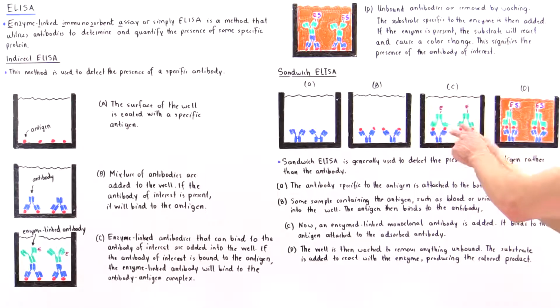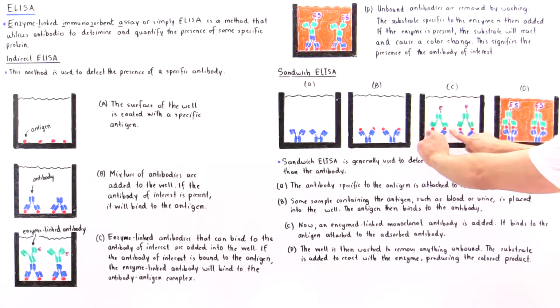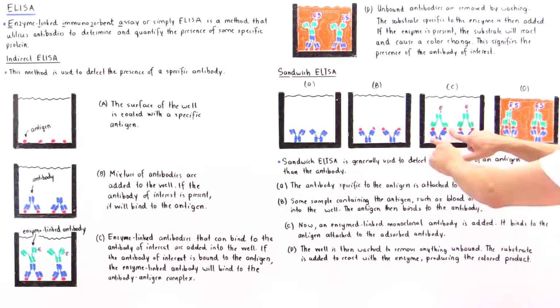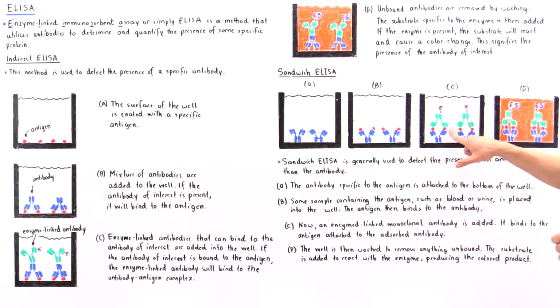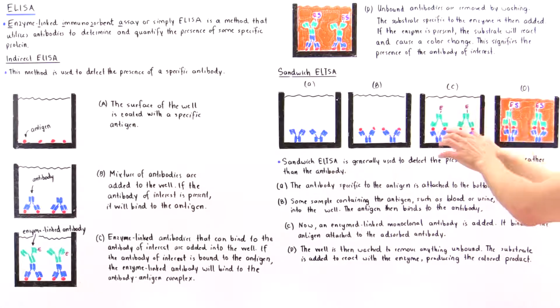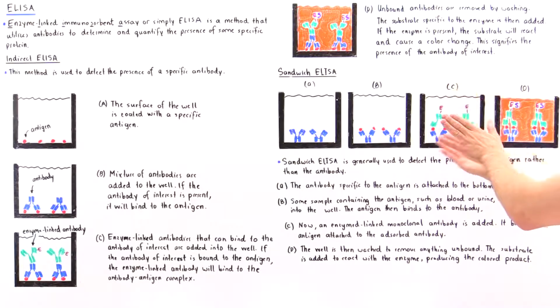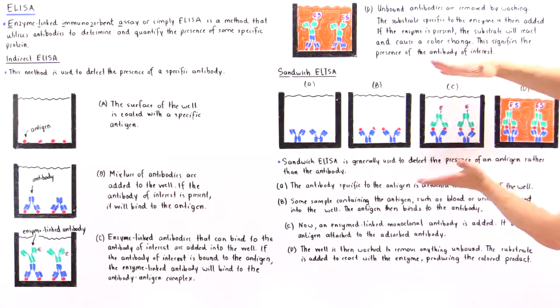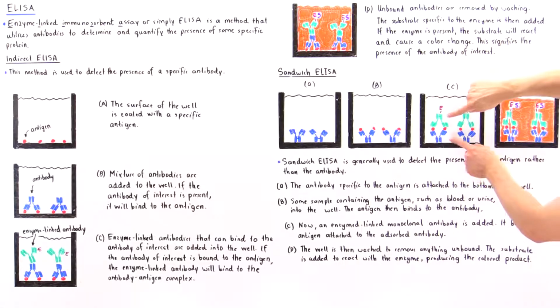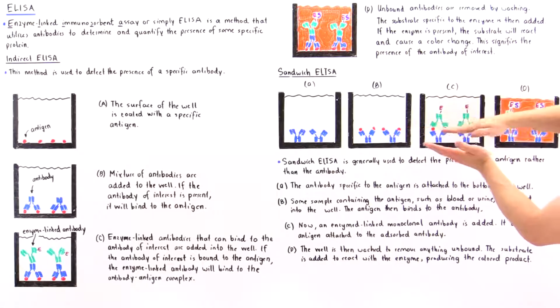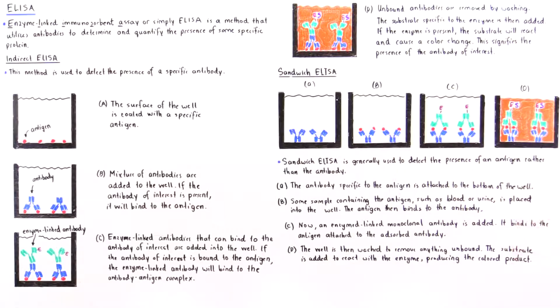So this enzyme-linked antibody only binds to our antigen if it is bound itself to that blue antibody. And so if the antigen is present inside our mixture, we have this entire complex that is formed. And notice it's like a sandwich because we have 2 antibodies, and in between the antibodies, we have our antigen.